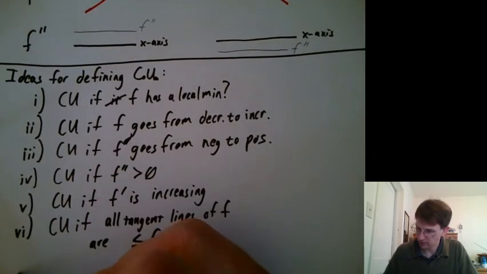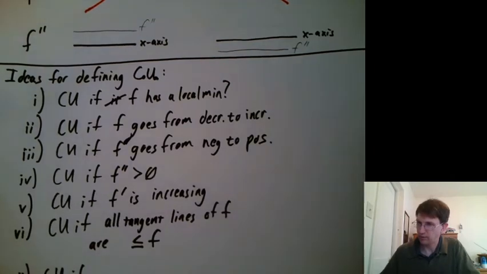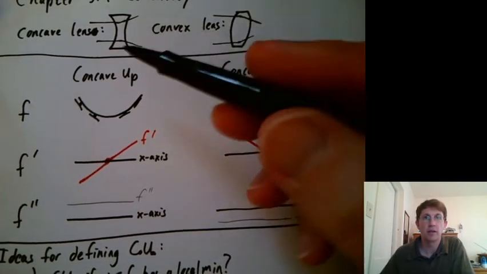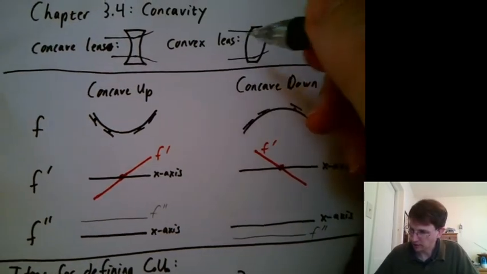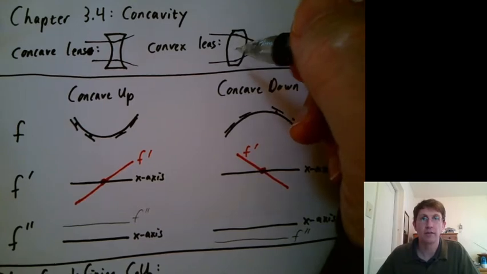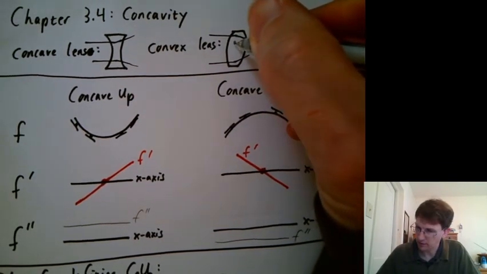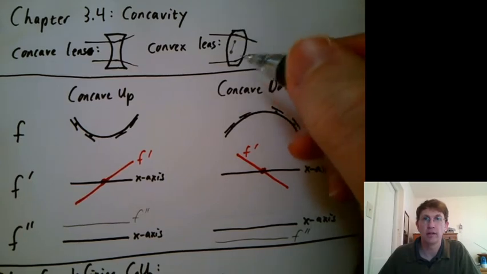Or another one could be concave up if it's shaped like a particular kind of lens, a convex lens rather than a concave lens. How can we say that a convex lens has a different shape than a concave lens? If I pick any 2 points in a convex lens and draw the line segment between them, do you agree that that line segment will stay within the lens shape?